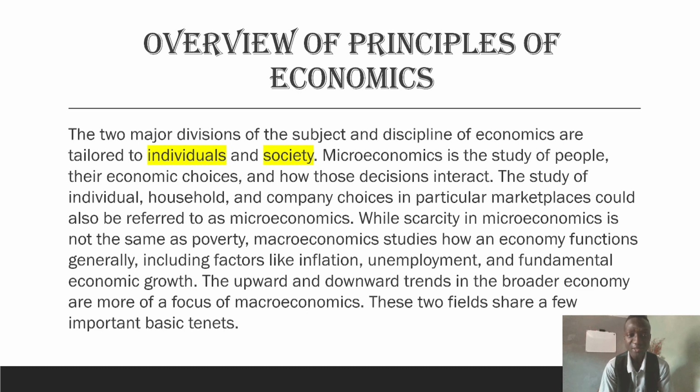So microeconomics is a study of people, their economic choices, and how these economic choices interact. Let's not forget we talked about individual and society making up the activities of the economy at large. So basically, talking about microeconomics is talking about how this interaction between individuals in the society affects or influences the economy locally. So this is referred to as microeconomy.